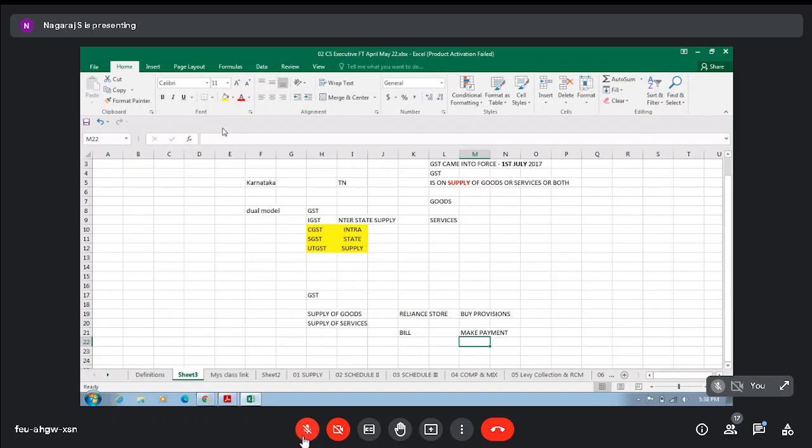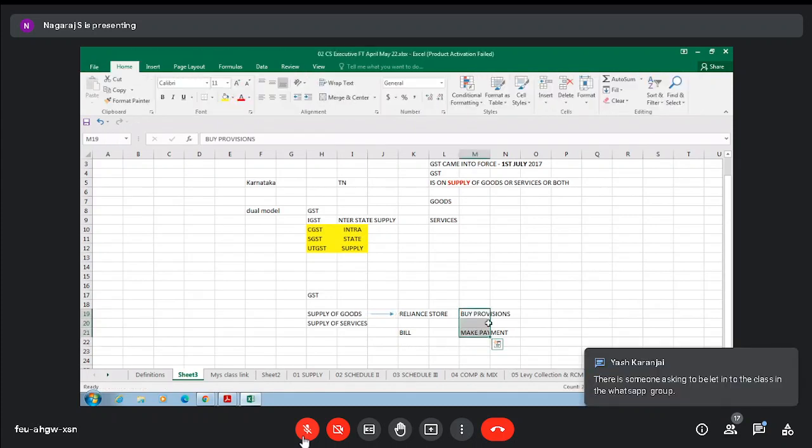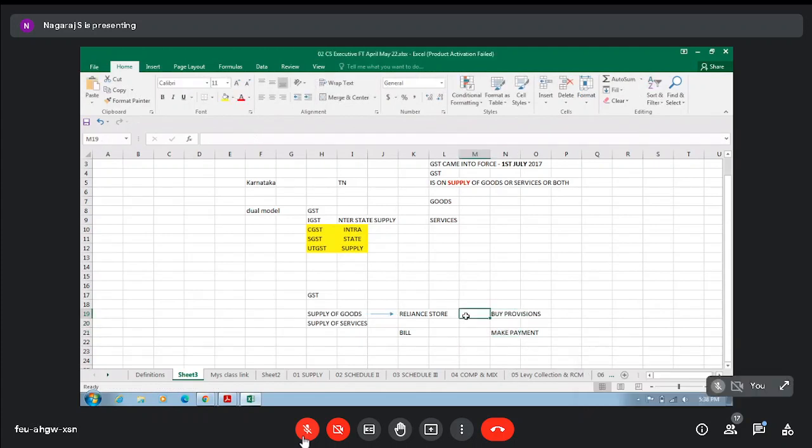Yes, sir. Okay, understand now, because there are a few things you need to understand. You will go to Reliance and buy provisions. Reliance will issue a bill to you, and you will make the payment.